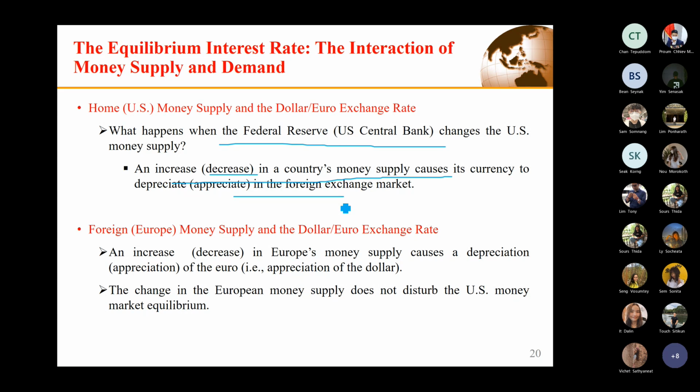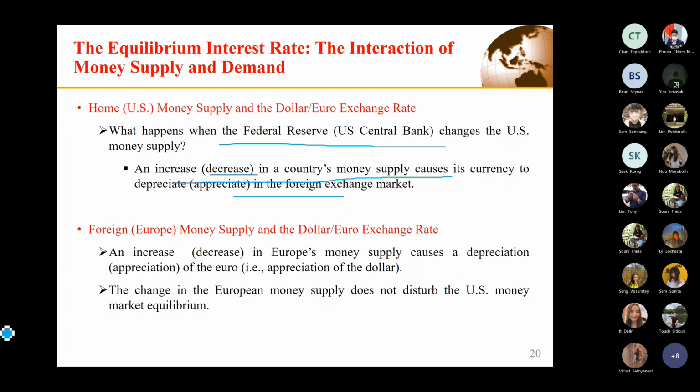By that means it reduces the money supply of Khmer Riel in the economy, and it will raise the value of Khmer Riel. So the exchange rate would drop from $1 equaling maybe 4,200 to $1 equaling 4,100. The value of riel would appreciate because the central bank is trying to reduce riel in the economy by selling US dollar, and the price of US dollar would depreciate. The riel would appreciate.